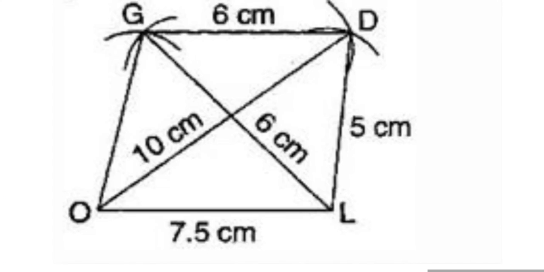Now draw an arc of radius 6 centimeter from D and draw another arc of radius 6 centimeter taking L as center which intersect at G. Now join GD and GO. Now it is the required quadrilateral GOLD.